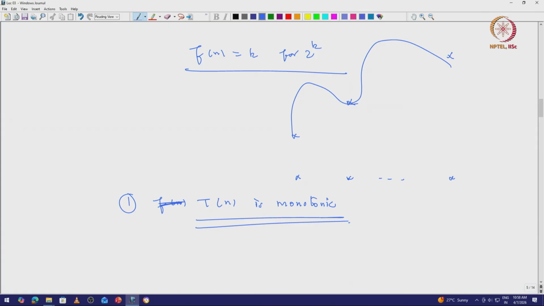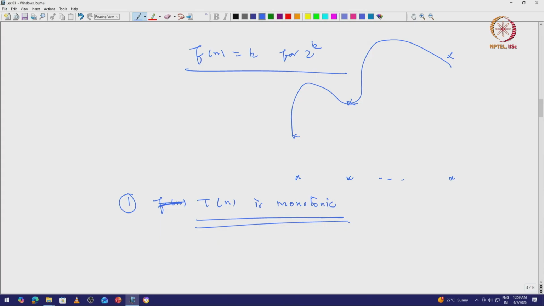It can keep on going and it will go somewhat parallel to the guess function that we have. So, if T of n is monotonic, then we can use this fact to extend a solution for specific values to all values.